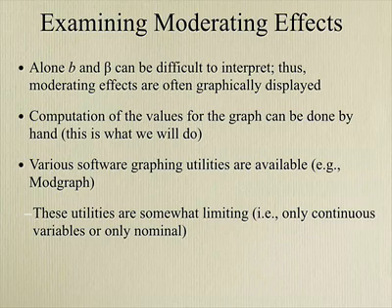Just by looking at those B's and betas, we wouldn't know that for people who have lower levels of education, as they watch more TV, they tend to learn more, and that for people who have higher levels of education, the slope of that line is negative. There's no way of knowing that by just looking at the output for the regression.